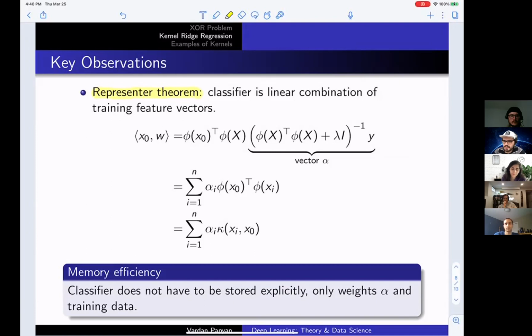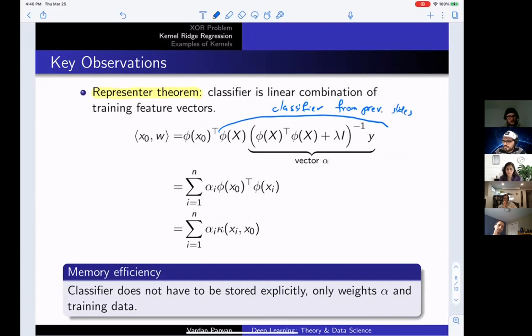The theorem says that your classifier can be written as follows. So here we can see the classifier. This is the classifier from the previous slides, right?